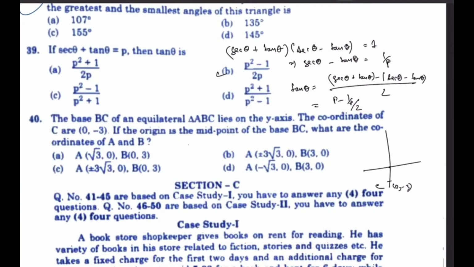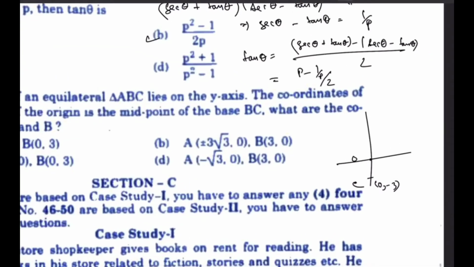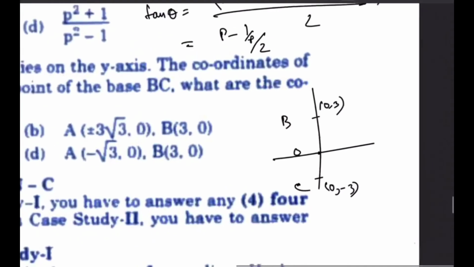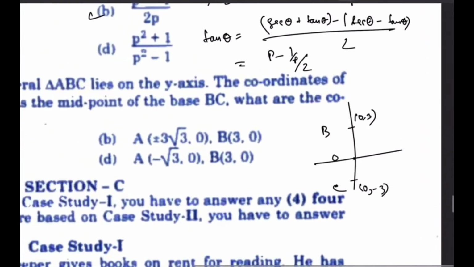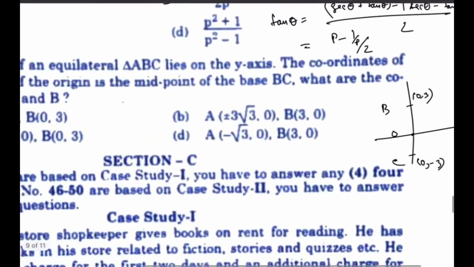So these are your options. Now, does it say anything about the origin? Okay, origin is the midpoint, so that's half our job done. So this is BC, this is 0, 3. You have that the side length is 6. So just see, we just need some point on the x-axis such that the distance is 6 basically.